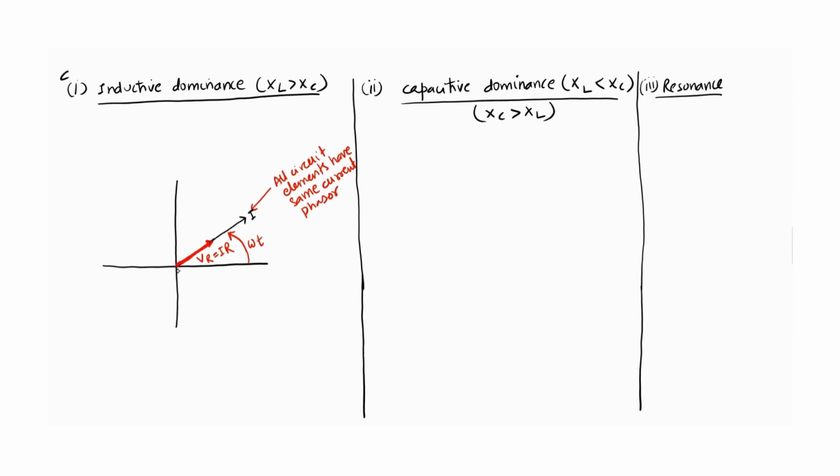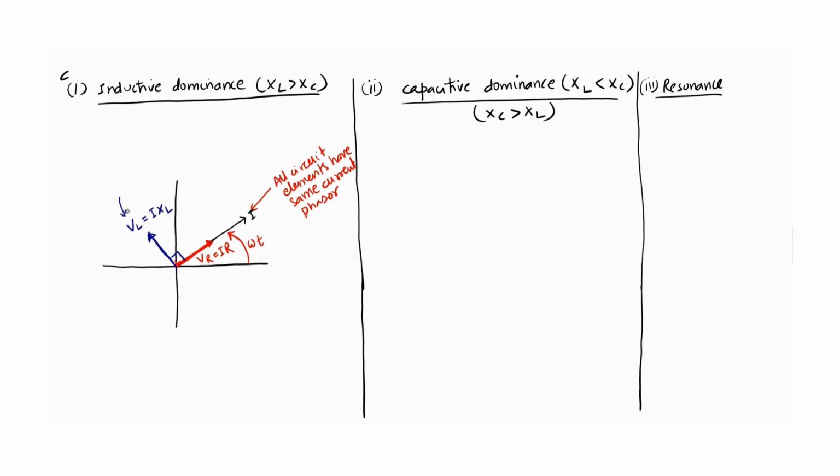Now for the inductor, the inductor voltage phasor leads the current phasor by 90. So this angle is 90 and this is VL, I times XL.